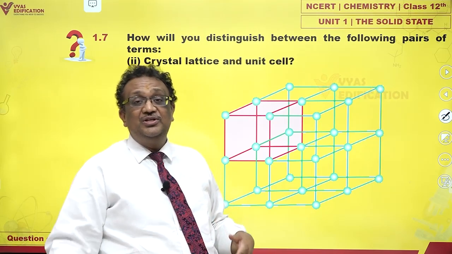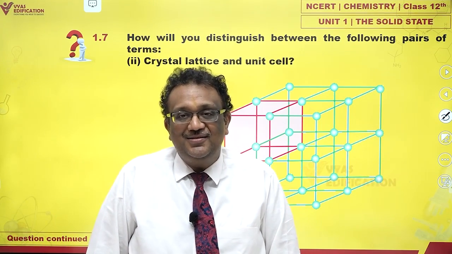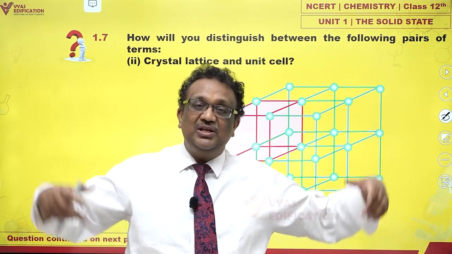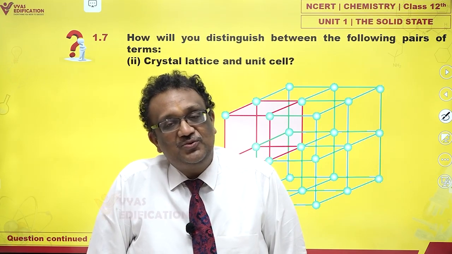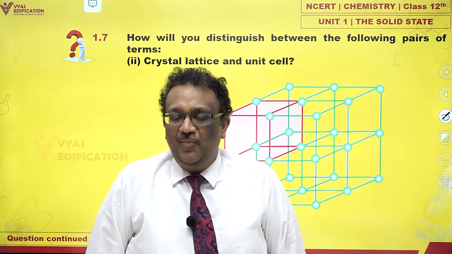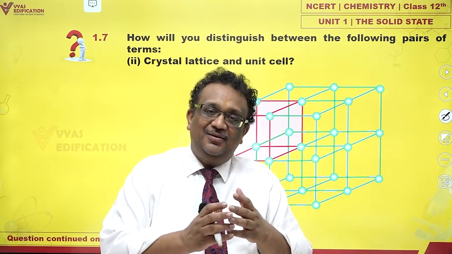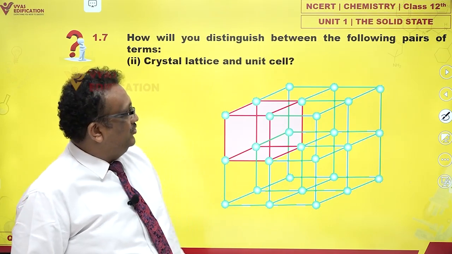If you repeat unit cell, you actually get a crystal lattice, right? So crystal lattice is the superset and unit cell is the most small or the most elementary subset. One is whole and one is a part. That is a very clear cut and a very classic distinction between each of them.